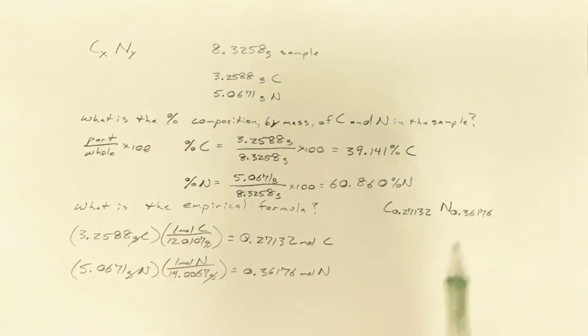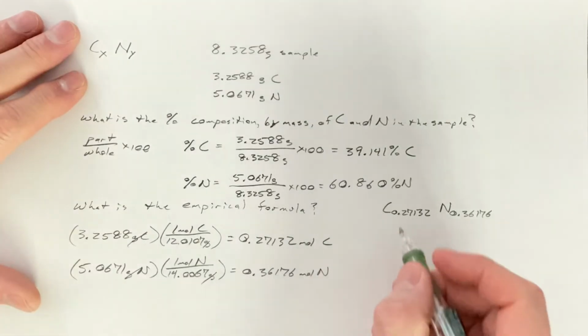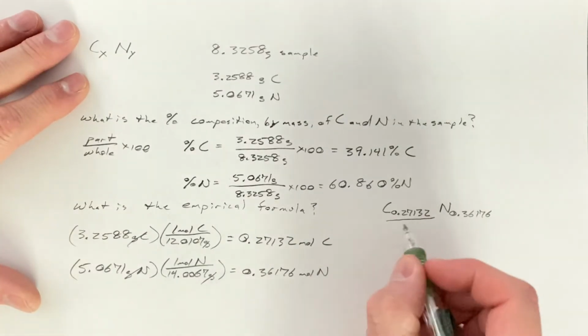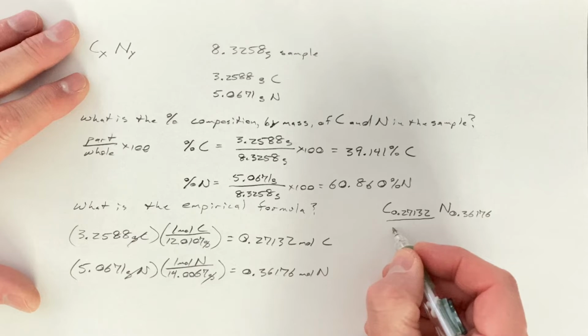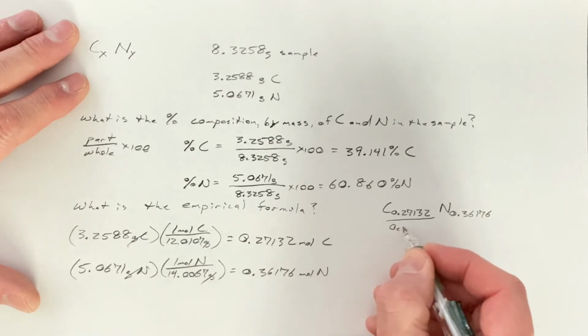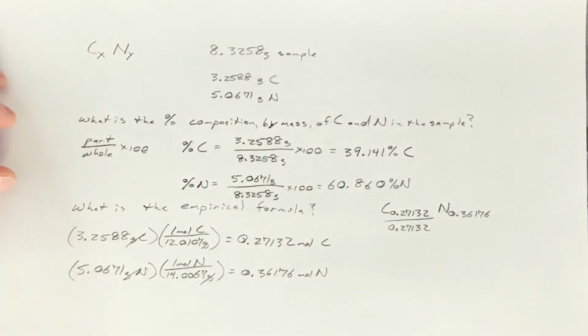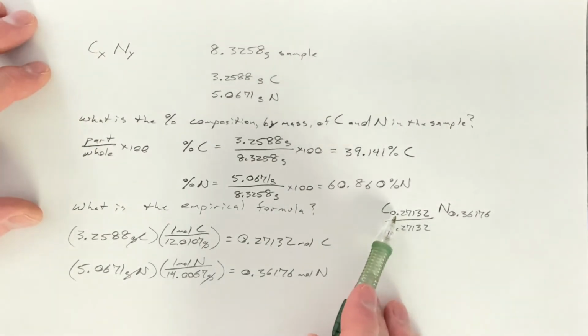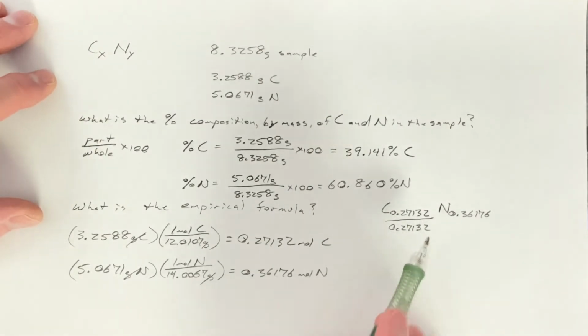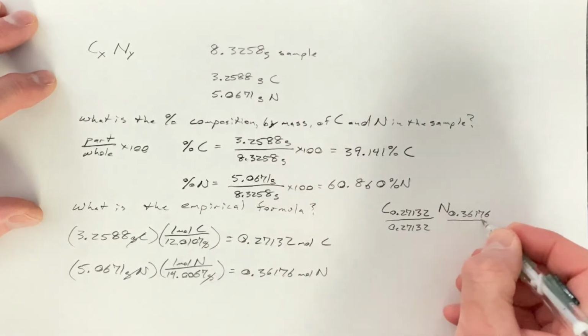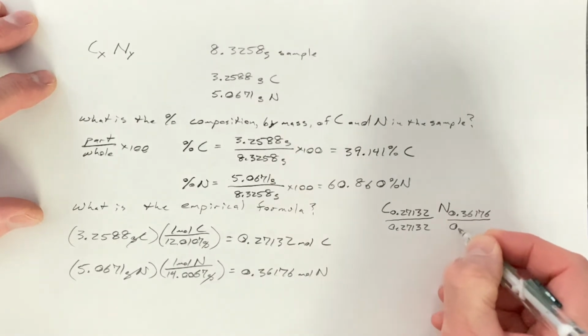These are not whole numbers, but the way to make a non-integer value into an integer is to divide it by itself. So I will come over here and divide 0.27132 by 0.27132. But if I divide this number by that number, then I must also divide this number by the same number.